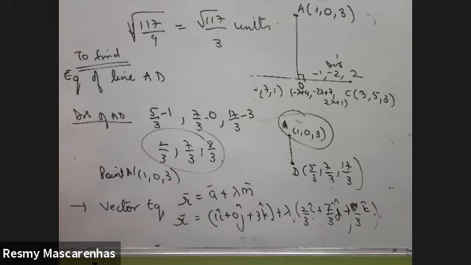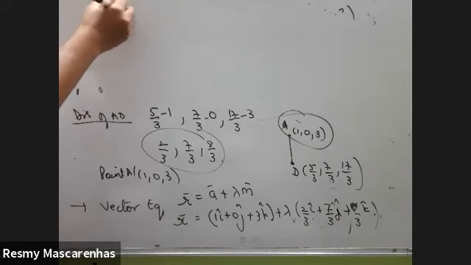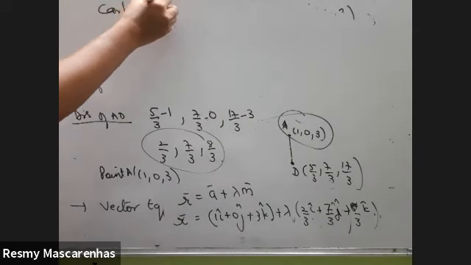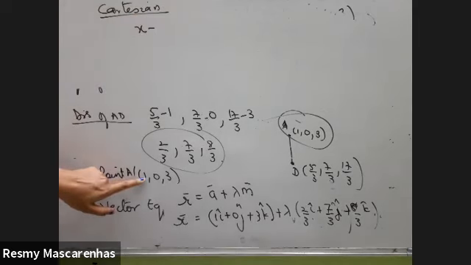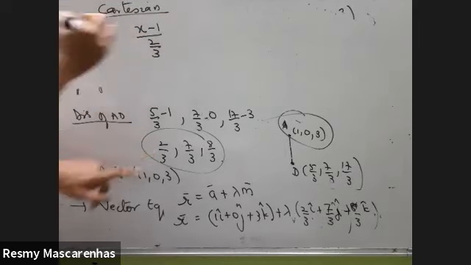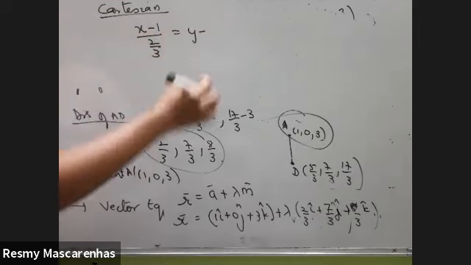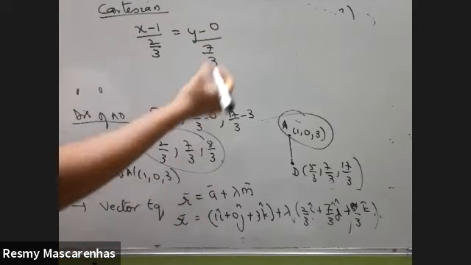Want to find a Cartesian? Then that minus point upon the direction ratio. X minus the point upon the direction ratio. Y minus 0 upon second direction ratio.